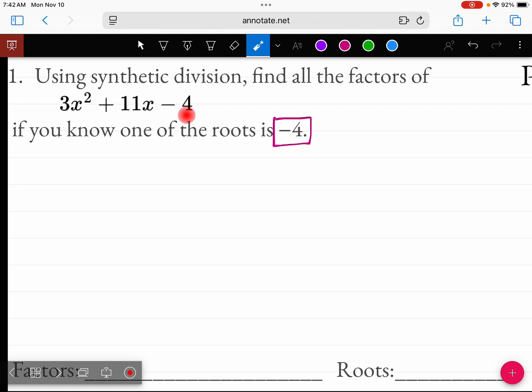When we're getting ready to set up synthetic division, an important thing to look at is to make sure we're not missing any of the x's. I've got 3x squared and then 11x and then just a number. So we're not missing any x's. We don't have to have a cube. We don't have to have a fourth. We just need to make sure we're not missing a number in the middle here.